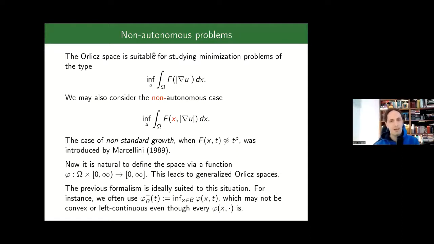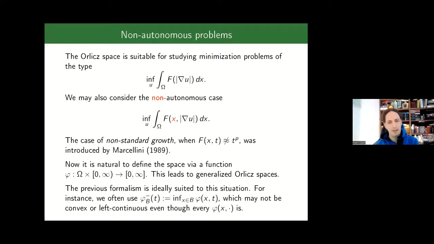So we can consider these minimization problems with some general energy F. And we can also consider this non-autonomous case where F can depend on x. And of course, this pretty much looks like this function in the norm.